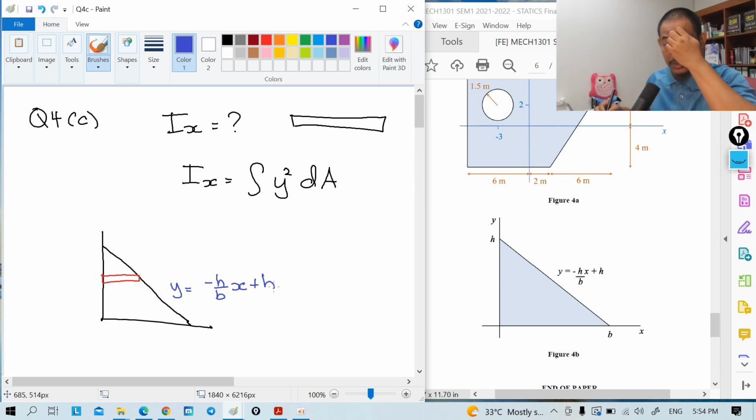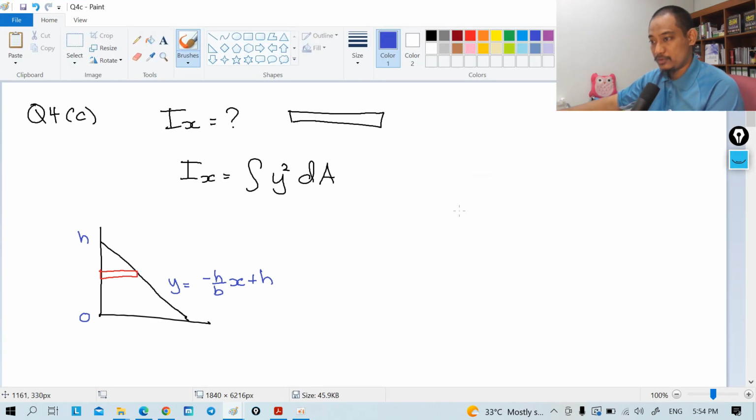This is interesting because it will be in terms of h and b. In terms of the limit, because it is a horizontal element, it begins at 0 until h, right? That's the limit. Alright, so we have what we need.